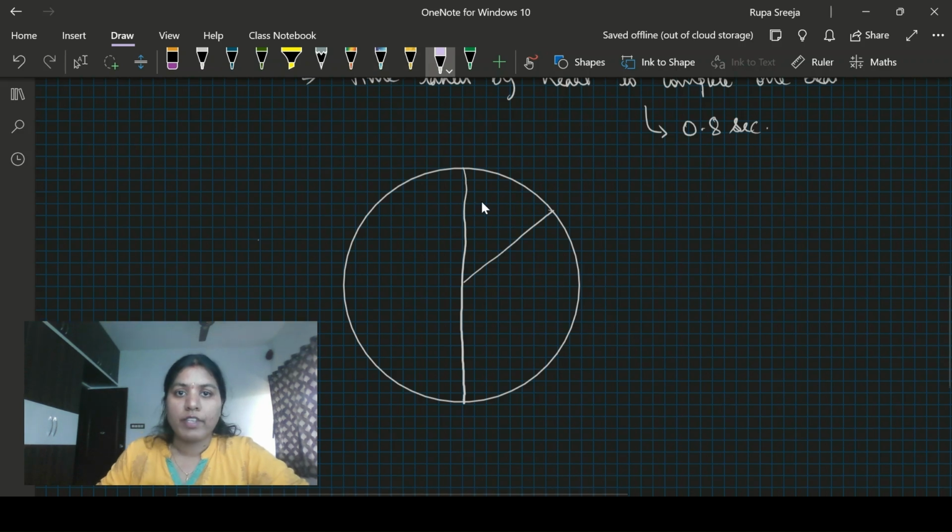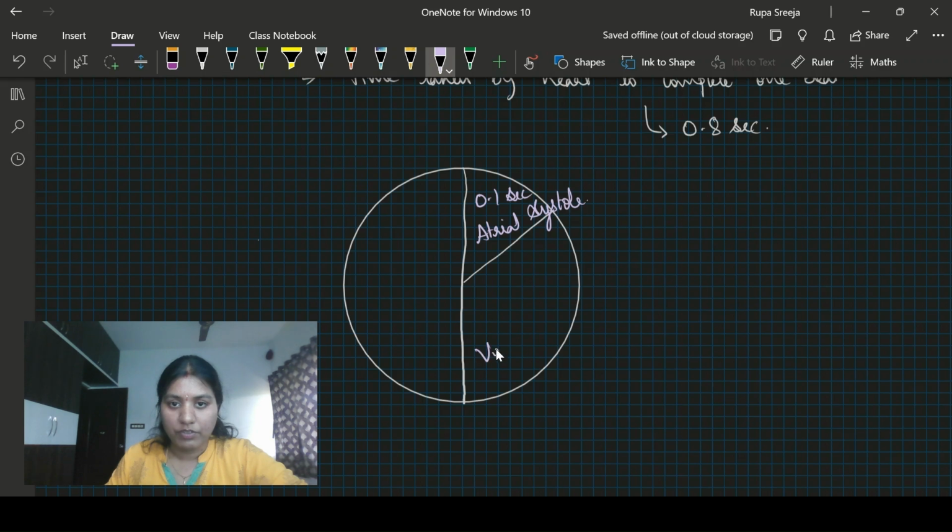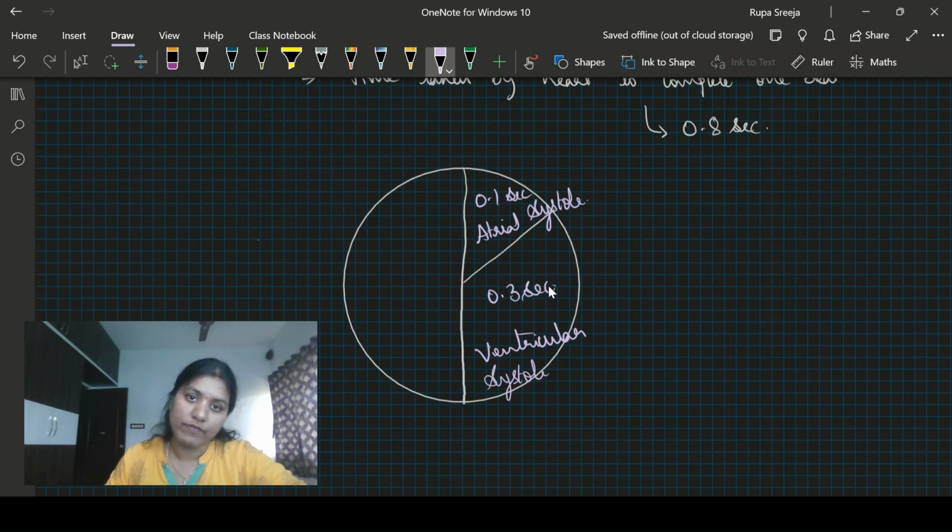Atrial systole takes 0.1 second, and ventricular systole takes 0.3 seconds.